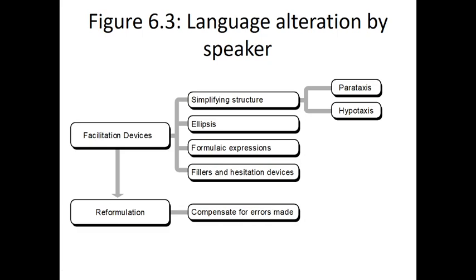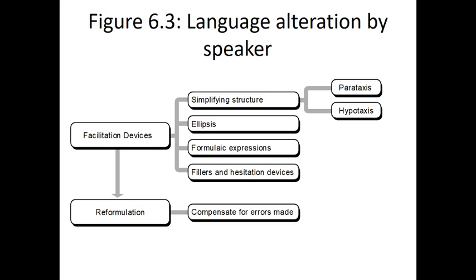What are the two ways of language alteration by the speaker? Using facilitation devices such as simplifying the structure, ellipsis, and so forth, and reformulation by compensating for errors made by reformulating the words in the speech.